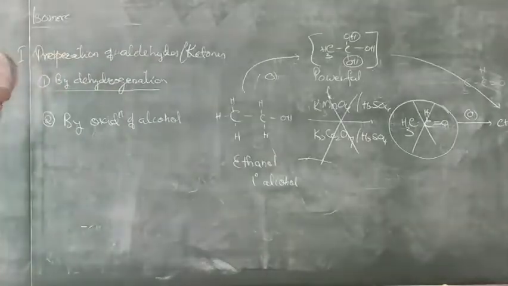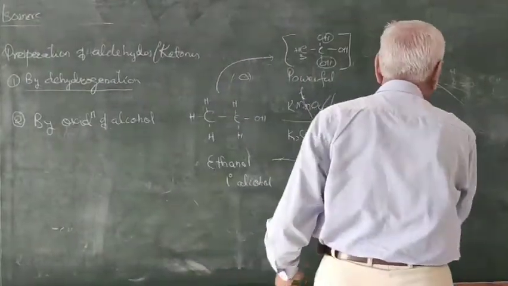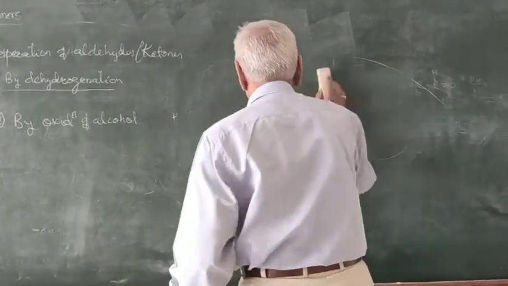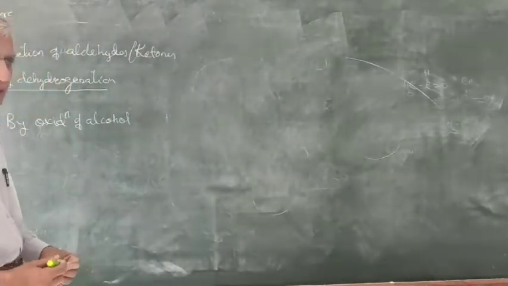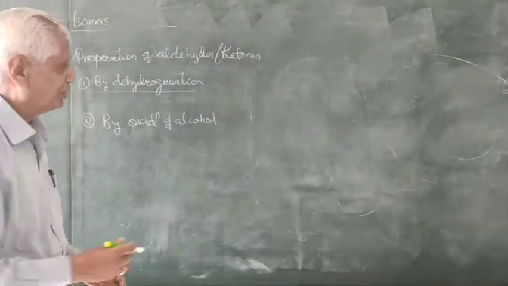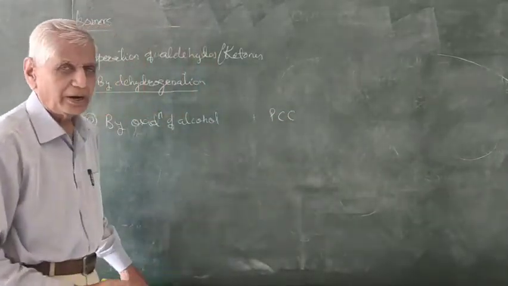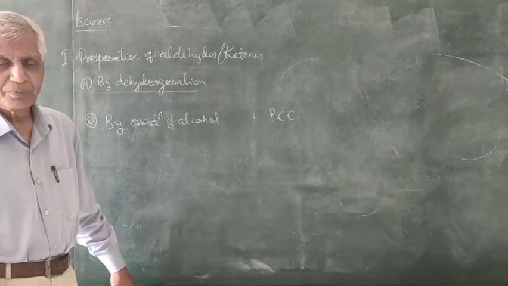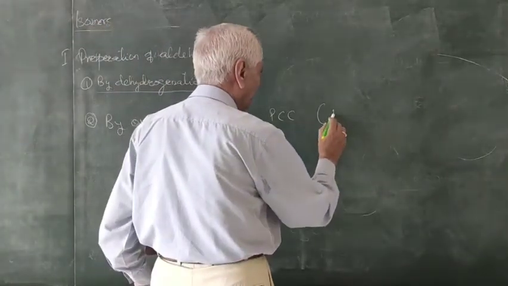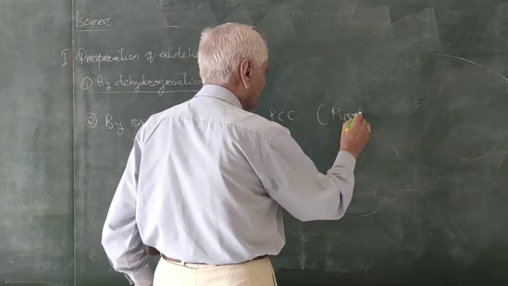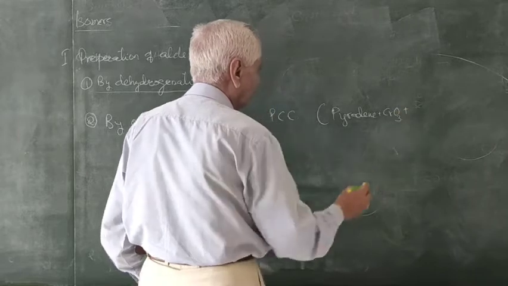On the other hand, you can use mild oxidizing agents. There is an organic compound which is called PCC, pyridinium chlorochromate. It is a mixture of pyridine, chromic oxide, and HCl.